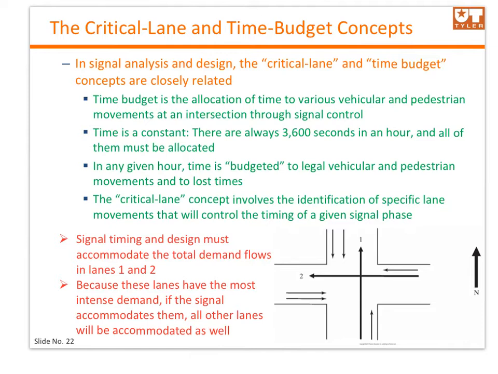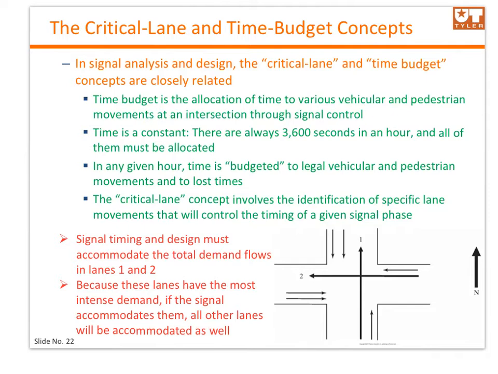Time is constant. There will always be 3600 seconds in an hour, and all the movements must be allocated within this 3600 seconds. This is your overall budget, and at any given hour, time has to be budgeted to legal vehicle and pedestrian movements, and also we need to consider the lost time that we're going to be facing.